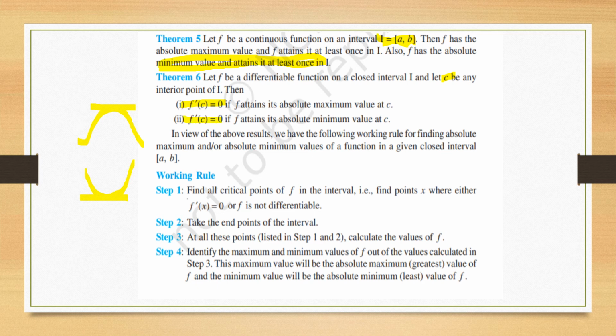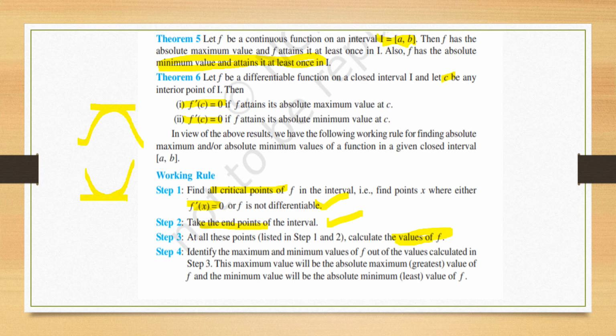So the working rule here is that you will find all the critical points, that is, the points at which the derivative is 0. Then you have to take all the end points also. Then you calculate the value of the function at these critical points and at the end points of the interval.